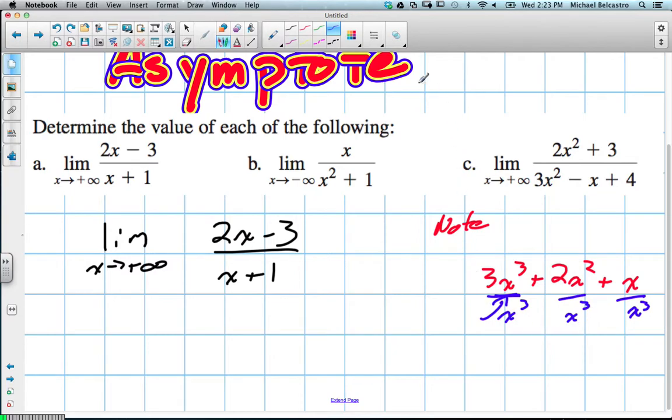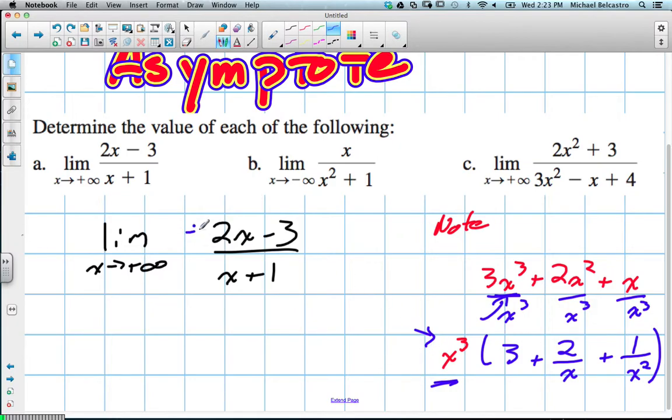Our x cubed comes to the outside, and inside we have 3, 2 over x, and 1 over x squared. We want to set up equivalents like this so that we have a common factor on the outside.